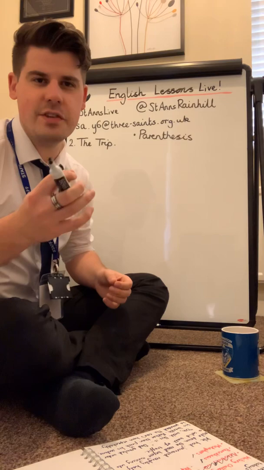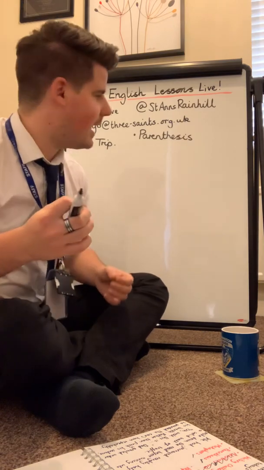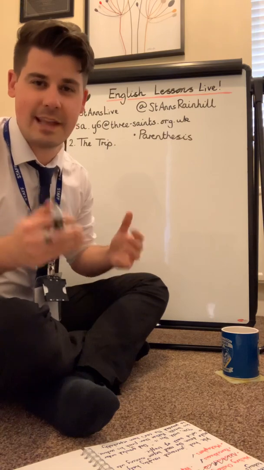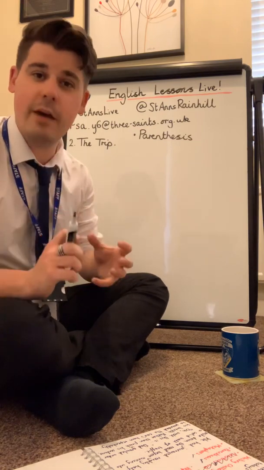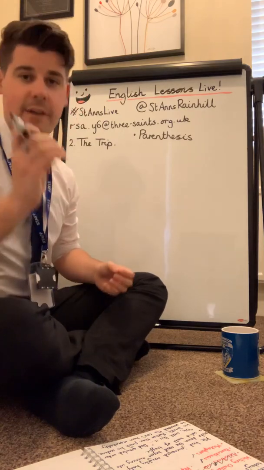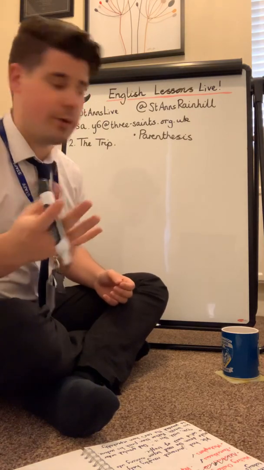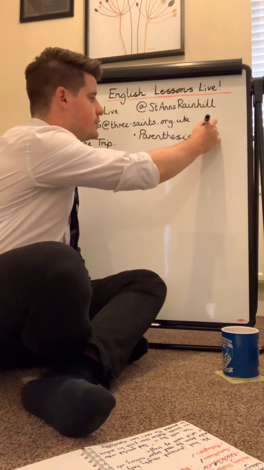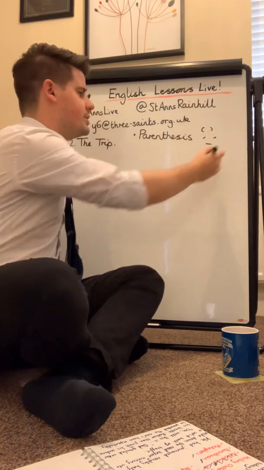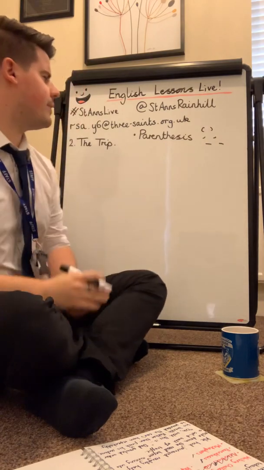And that information that you add in can be taken out and your sentence will still make sense. That's the real key bit of parenthesis. Don't put anything inside the parenthesis that is vital to your writing. So I don't mind if we use brackets, commas, or dashes today for our parenthesis.